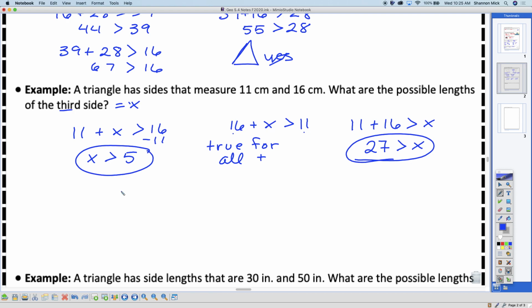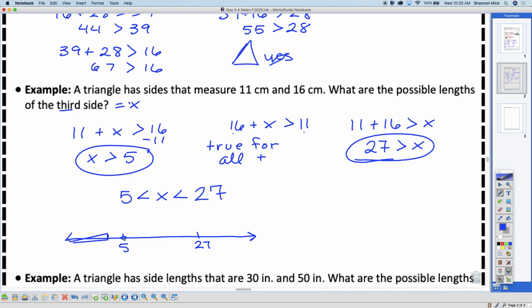So 5 is less than x, but x is less than 27. So if I draw a number line so you can see, here's 5, and here's 27. I'm doing it so you can see.